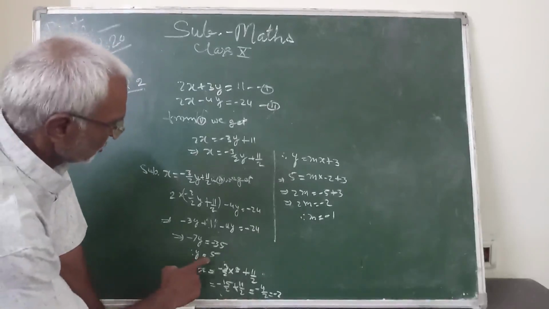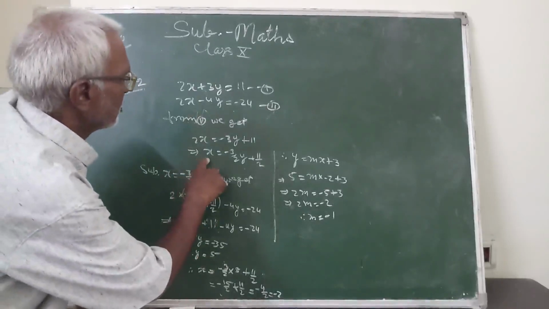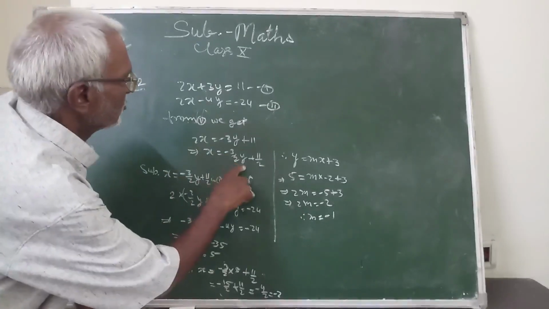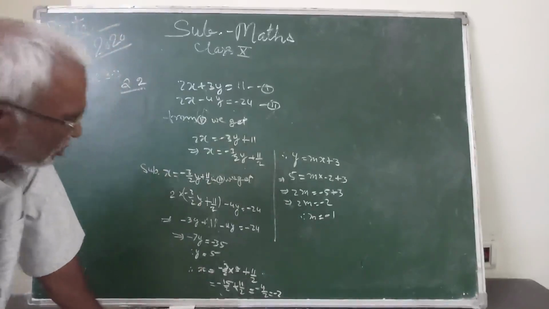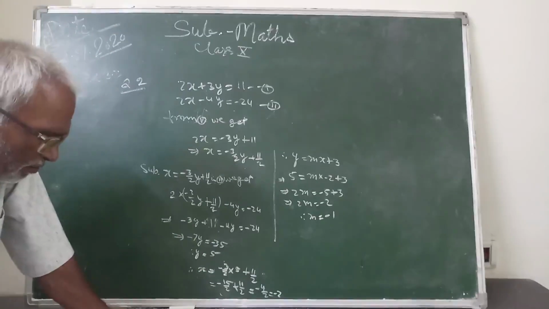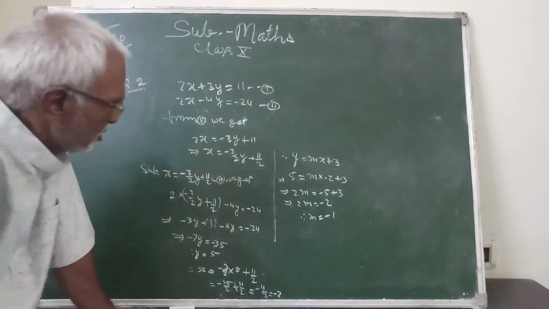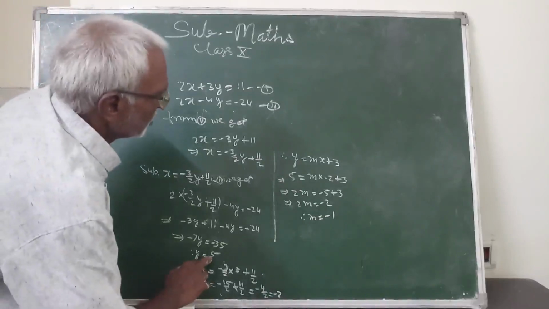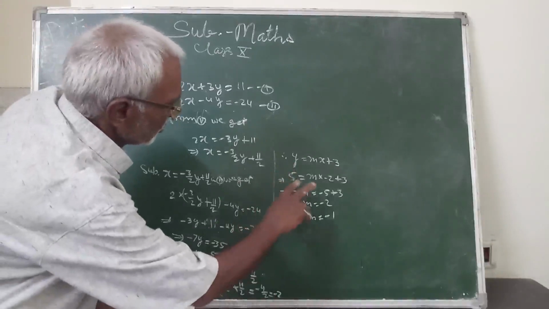Now substituting y is equal to 5 in x is equal to minus 3 by 2 y plus 11 by 2, we get x is equal to minus 2. And in order to calculate the value of m, in y is equal to mx plus 3, we put 5 in the place of y and minus 2 in the place of x.